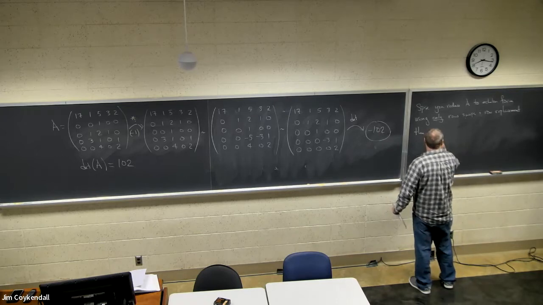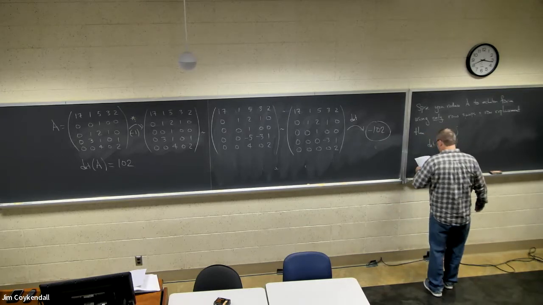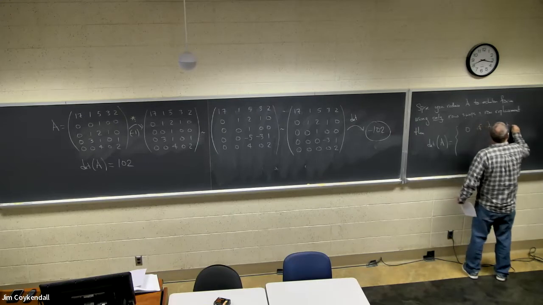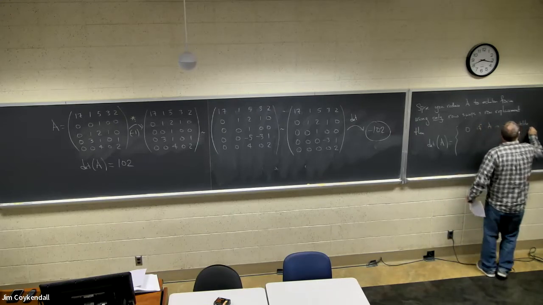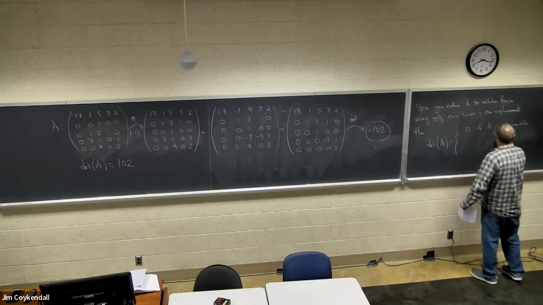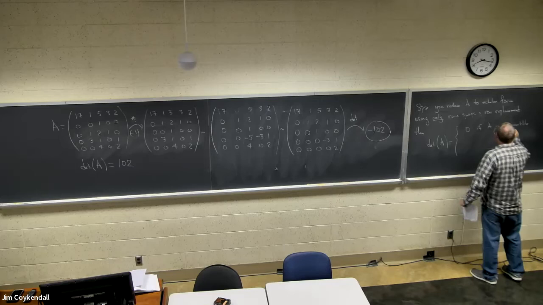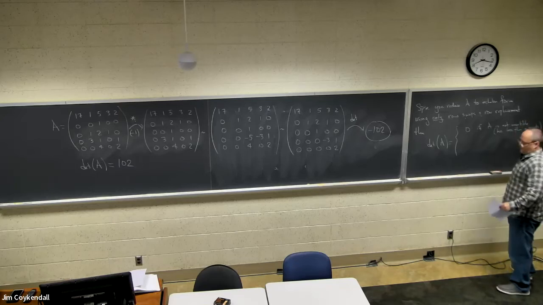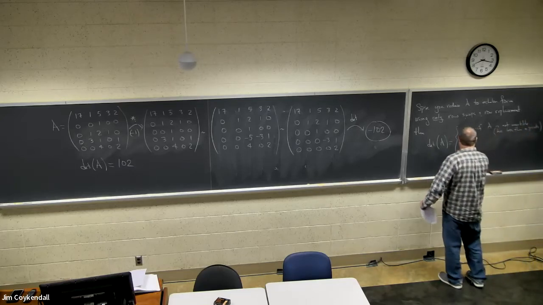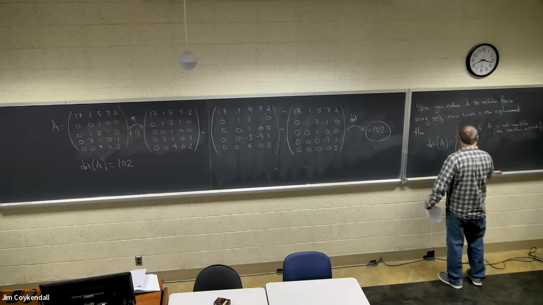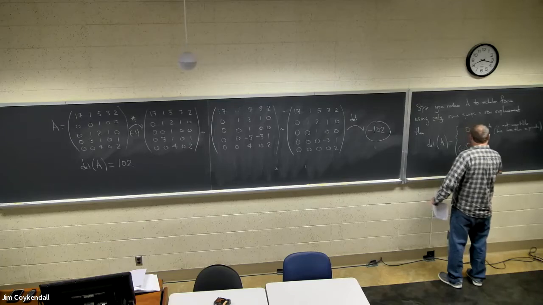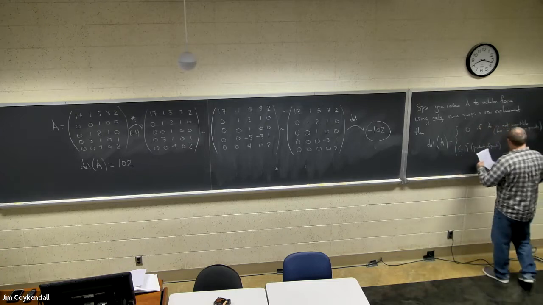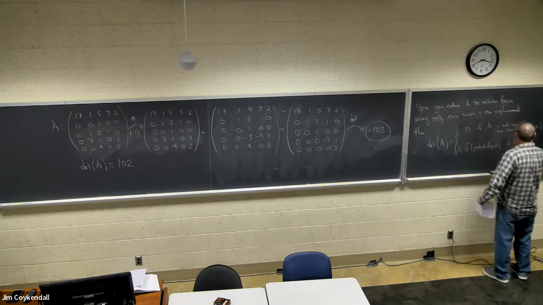The determinant of A is equal to 0 if A is not invertible, which is equivalent to saying it has fewer than n pivots, or it's (-1) to the R times the product of pivots, if A is invertible.